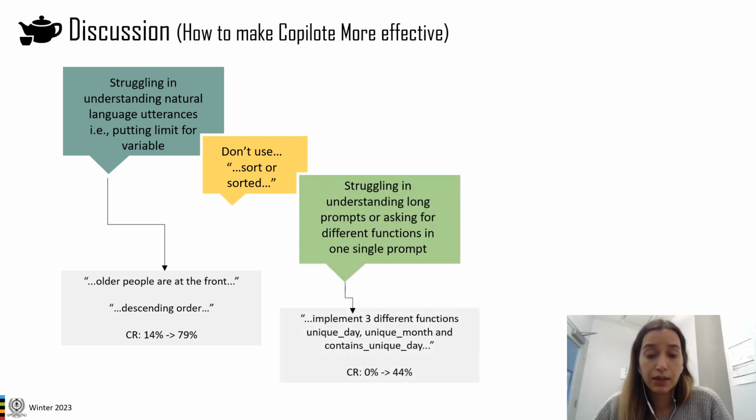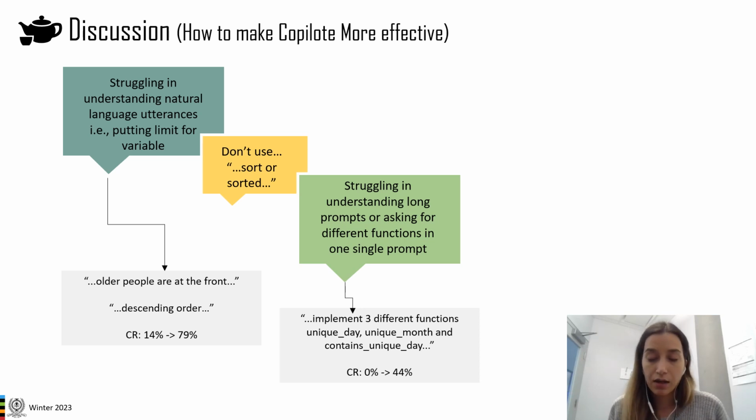And Copilot also struggles in understanding long prompts. If, for example, you ask for different functions in a single prompt, that may cause Copilot a problem. In one of our assignments, the students were asked to implement three differently named functions with different functionality, which they could understand and apply, but Copilot implemented the whole problem in one single function.